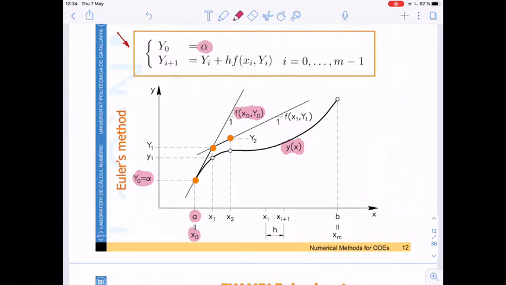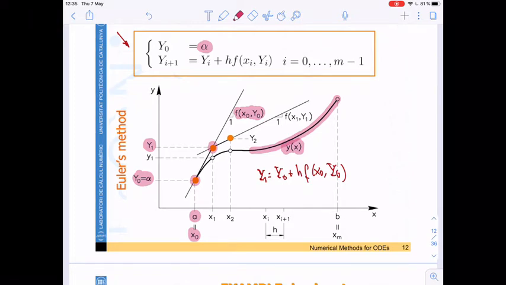Of course, in a realistic application of Euler's method, this analytical solution is not available. This is precisely what we are trying to approximate, but it's displayed in this figure for illustrative purposes. Now, according to the stepping strategy of Euler's method, y1 is simply y0 plus h f(x0, y0), and this is how we obtain this y1. So indeed we go from this point to this point with the constant slope evaluated at x0.